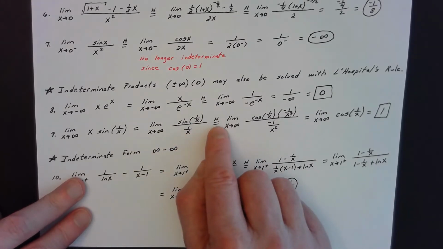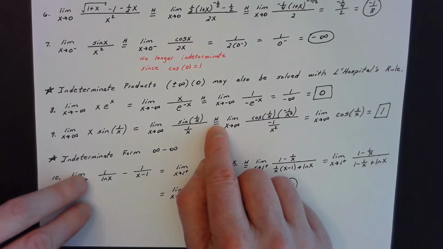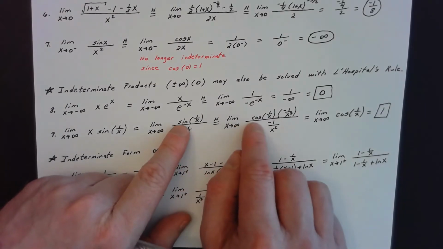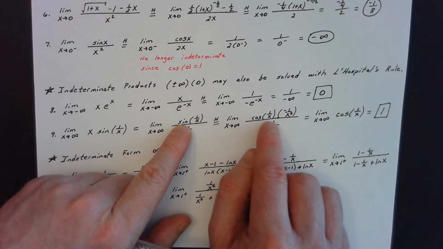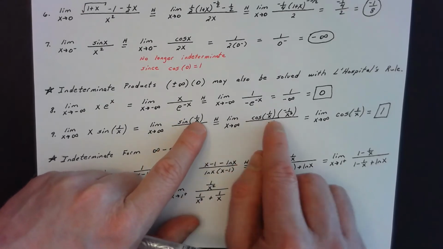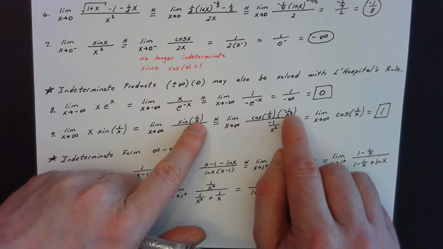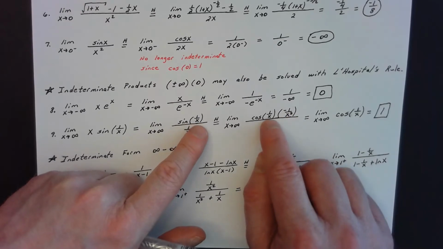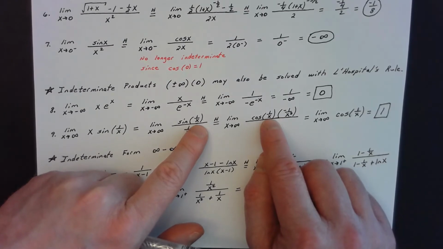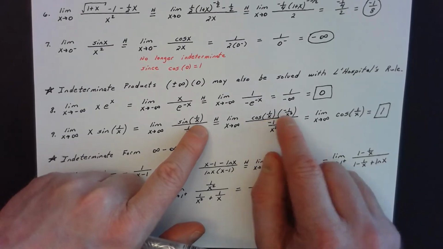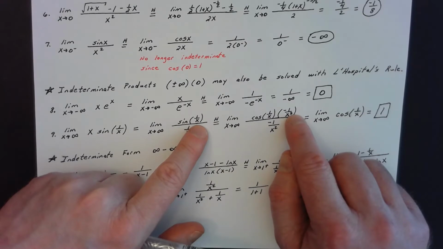To see that in action here, I went ahead and said, okay, I'm going to use L'Hopital. Derivative of the numerator. Derivative of sine is cosine. I keep the angle times the derivative of the angle. Now, where I got that from, I thought of that angle as x to the negative 1 power. The derivative of x to the negative 1 would be negative 1 x to the negative 2, which is negative 1 over x squared.